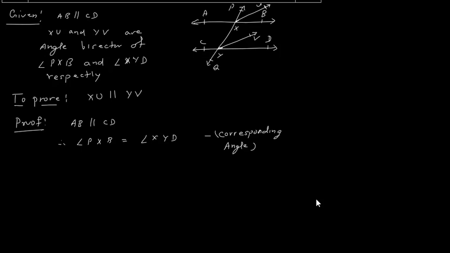So therefore, half of angle PXB is equal to half of angle XYD, because if these two angles are equal, their halves will also be equal. So therefore, angle UXB is equal to angle XYV.